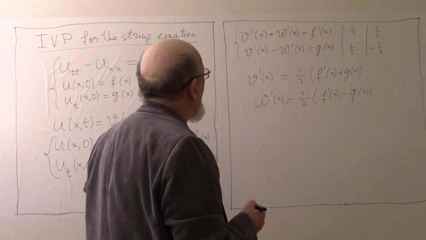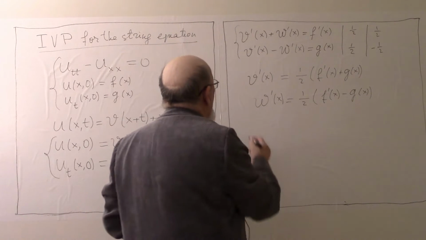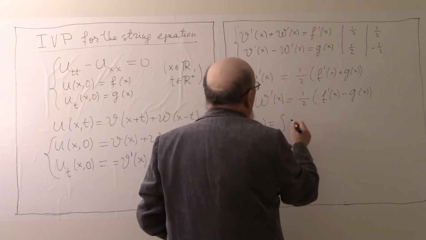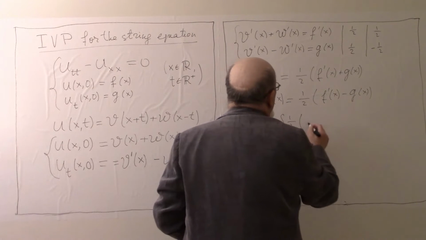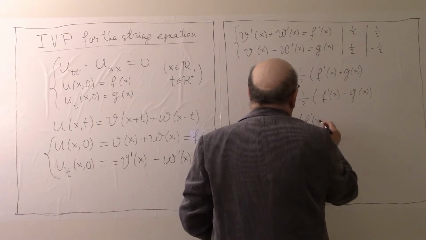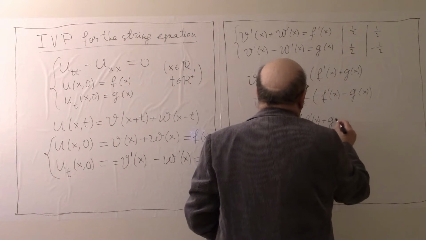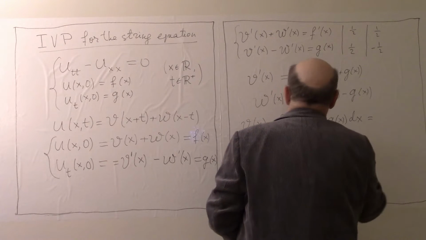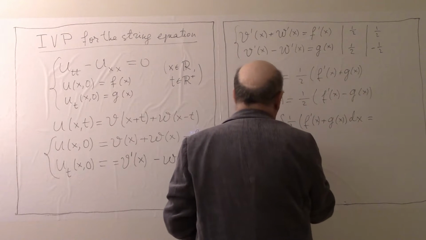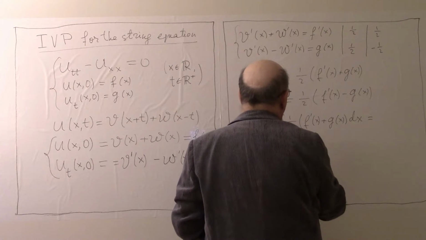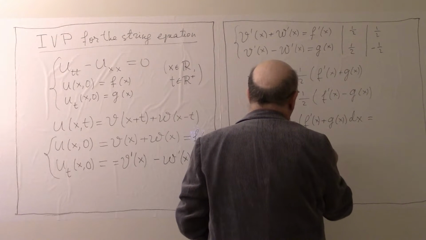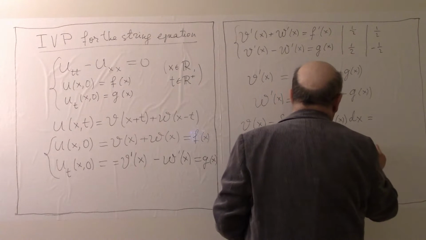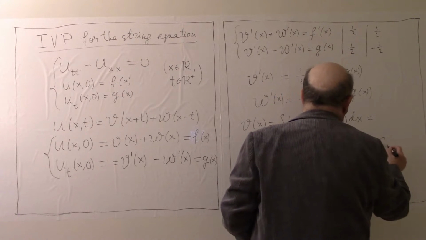From here we restore v and w. v of x equals the integral of 1/2 times f prime of x plus g of x dx, equals 1/2 f of x plus 1/2 G of x plus c1.